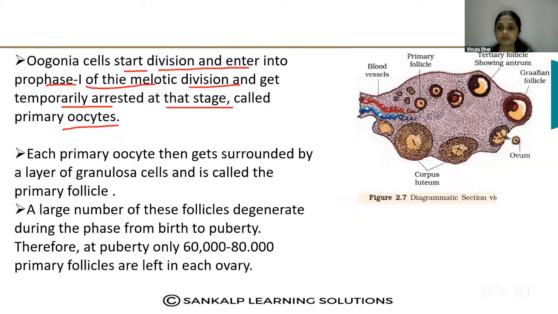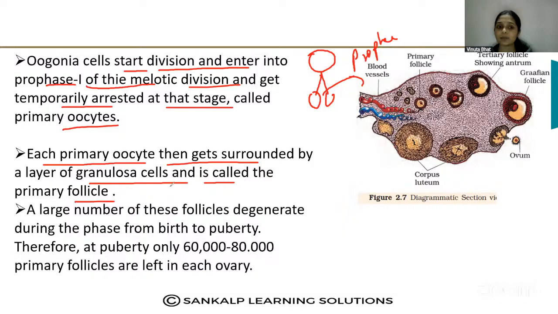The oogonial cells undergo multiplication before the birth, start cell division and halt at prophase 1 of meiosis, not able to complete the first meiotic division. Each primary oocyte then gets surrounded by the granulosa cells and is called the primary follicle.